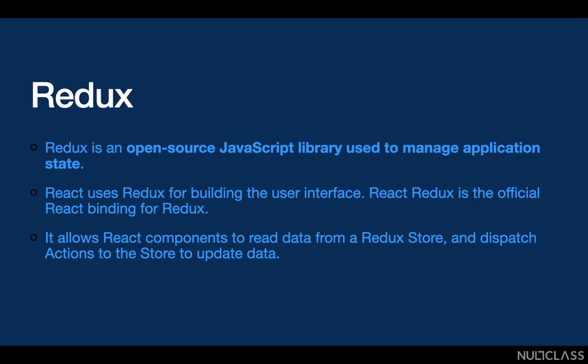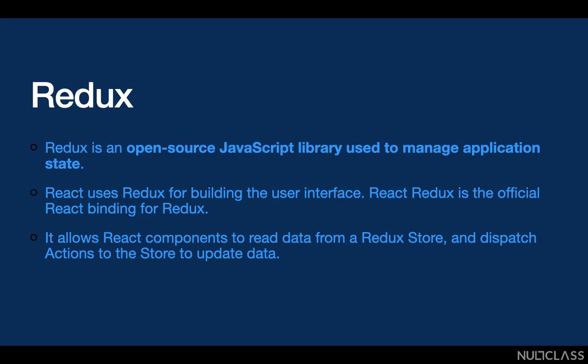Redux is an open source JavaScript library used to manage application state. React uses Redux for building the user interface, and React Redux is the official React binding for Redux. So Redux is a separate library, and React Redux is a separate library. React uses the React Redux package to access the features of Redux.